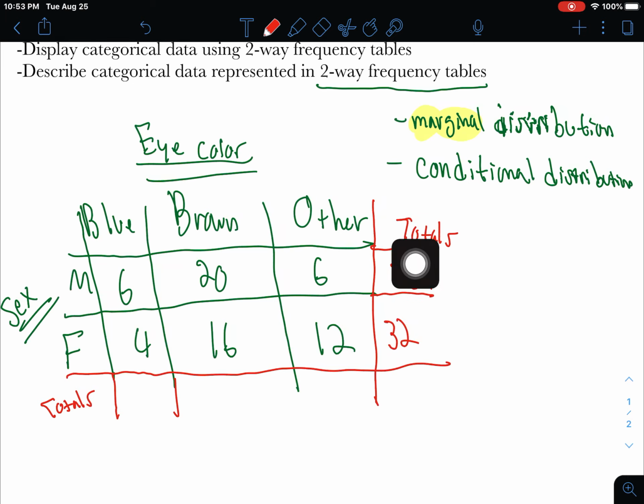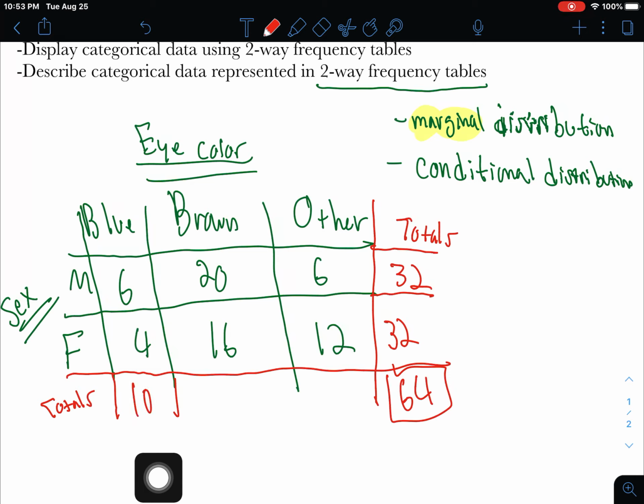All right, if I add these two going down, I can see that I actually have 64 total kids that I interviewed for this display. And we can find the totals for the other variable, for the eye color. I can see that going down on this column, we have 10 students with blue eyes, we have 36 with brown eyes, and we have 18 with other colored eyes.